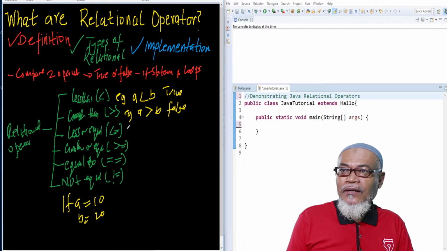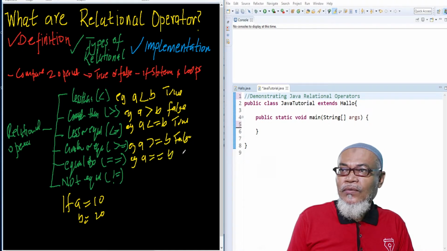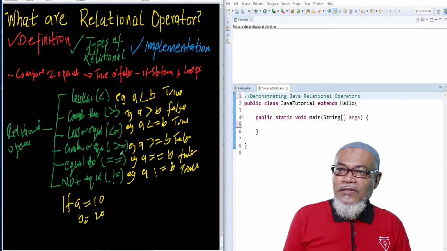Is A less than or equal to B? This returns true. Is A greater than or equal to B? It returns false. Is A equal to B? We return false. And finally, A is not equal to B returns true. Basically, this is how it works.